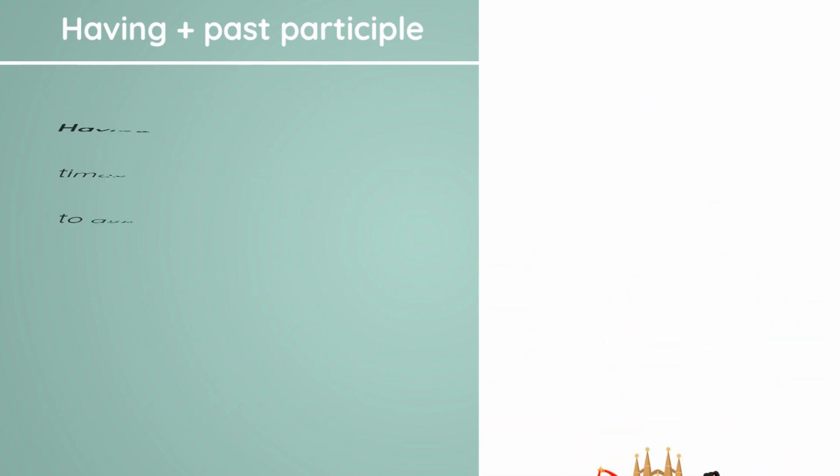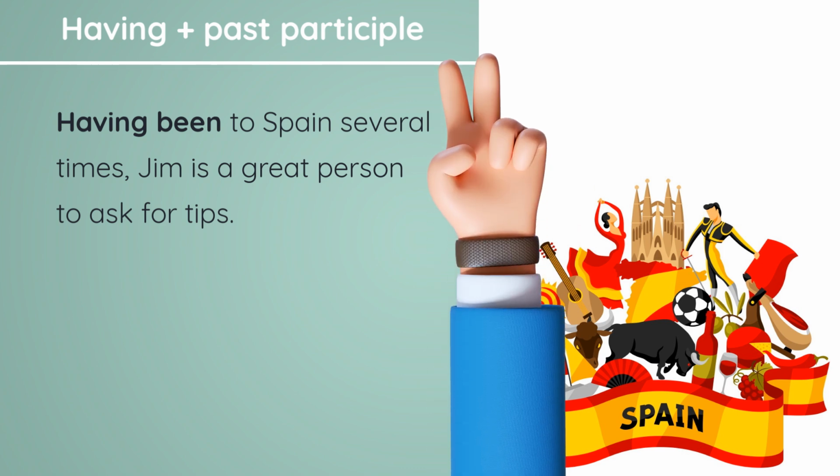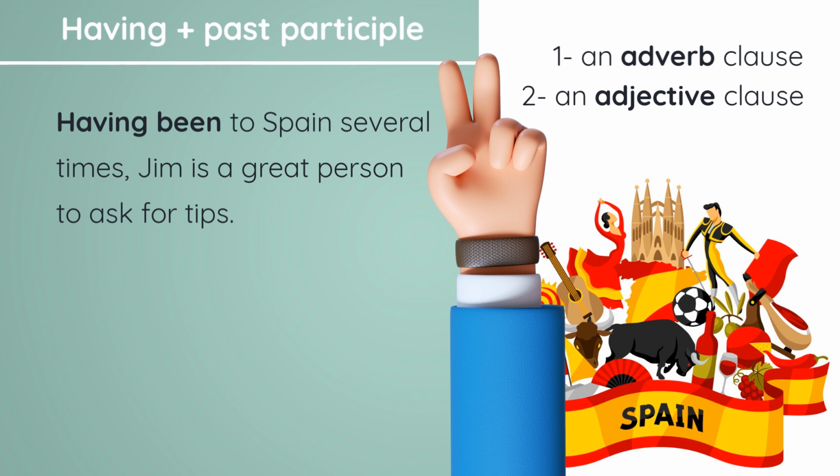Let's look at that. Before we get into the direct comparison, let's look at this one just to give you another idea of how it could be read in 2 ways. Sentences with having can be used in 2 ways. Having been to Spain several times, Jim is a great person to ask for tips. So, this could be an adverb clause or an adjective clause. Because he had been to Spain. If you're using an adverbial, then this having, again, suggests a completed action in the past. And again, because he had been. He being Jim.